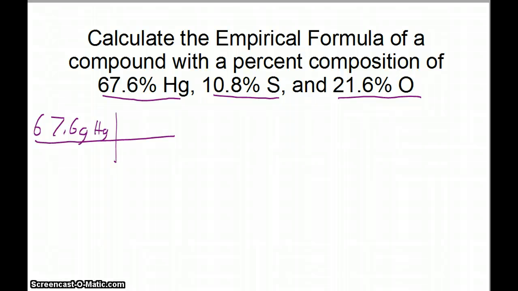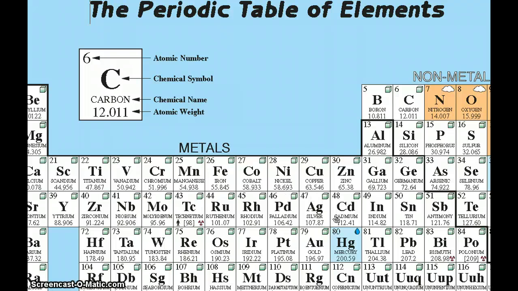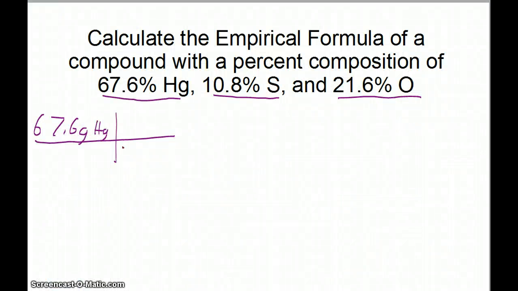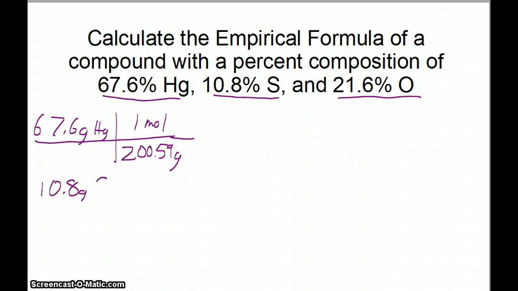The molar mass of mercury is right down here, 200.59, so it's 200.59 grams in 1 mole. Then we have 10.8 grams of sulfur.